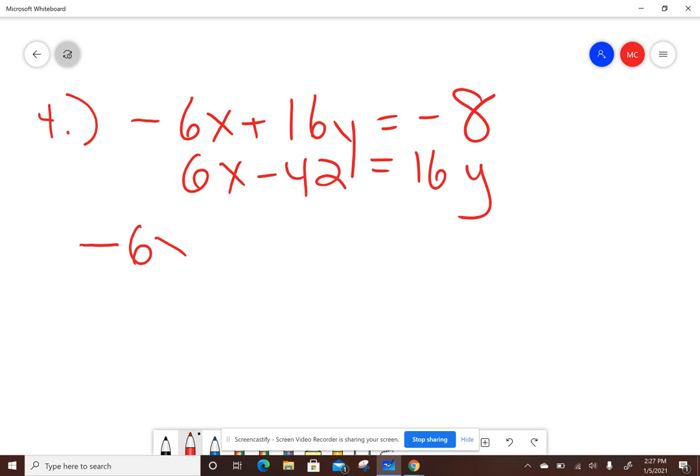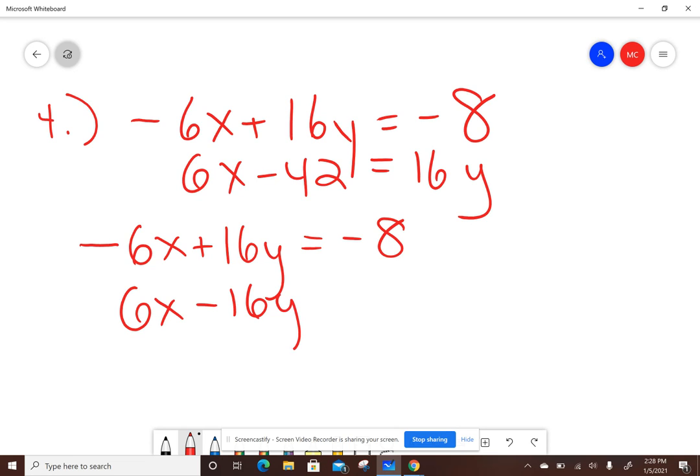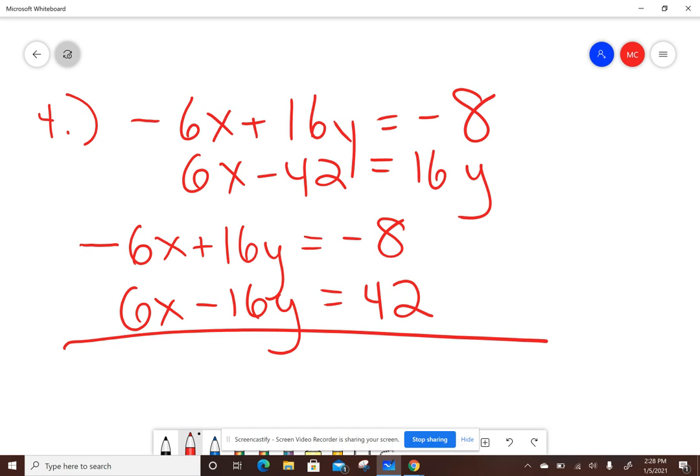So I'm going to keep the top equation the same, but for the bottom equation, I'm going to subtract 16y and add 42.